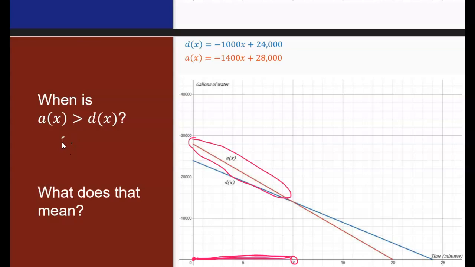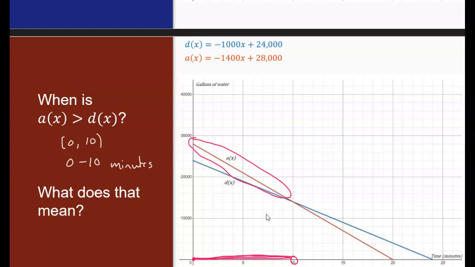So if we wrote that as an interval, we'd say that's from 0 to 10. Oh, maybe a round bracket instead of a square bracket, since they're equal at 10. We could also say that's 0 to 10 minutes. That's another way of saying that.